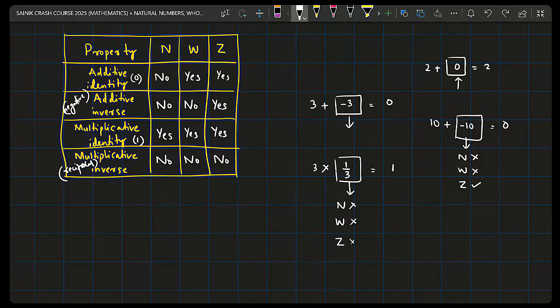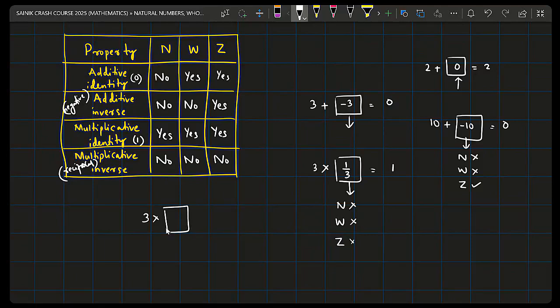Multiplicative identity means, for example, we take natural numbers. Take any natural number, Arush. Sir, 3. You are asking about multiplicative identity or multiplicative inverse?